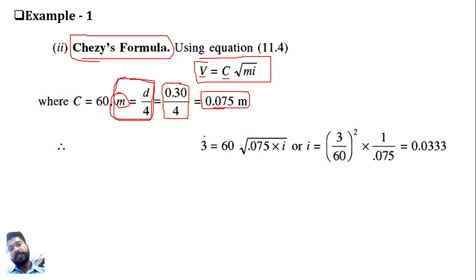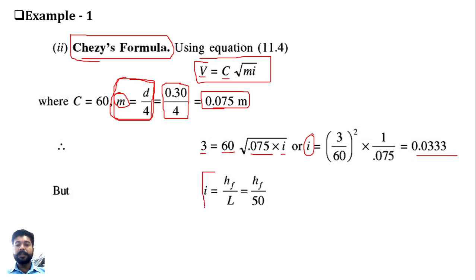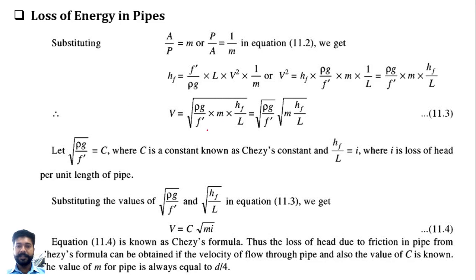And next thing is to find i. So let's put all the values in this equation. This is your V, that equals 3 meter per second. 60 is Chezy's constant, root of m into i. So only i is unknown, so you can find the value of i, that is 0.0333. i is nothing but the head loss due to friction per unit length, as covered in our previous session, the loss of head per unit length of pipe.